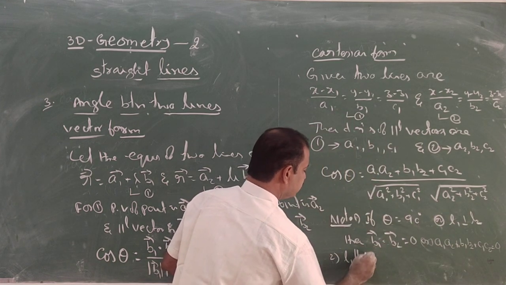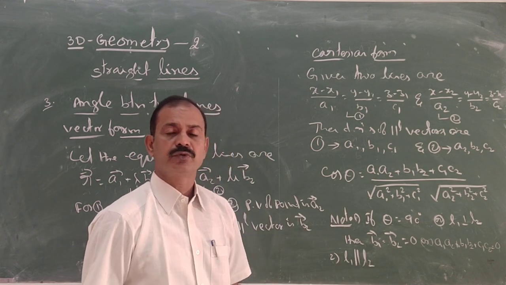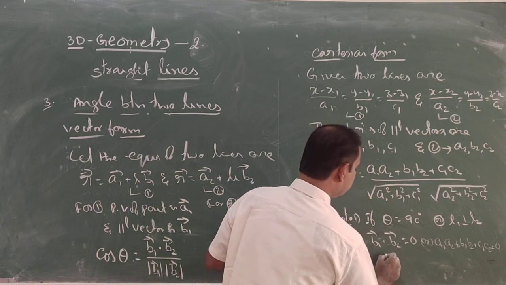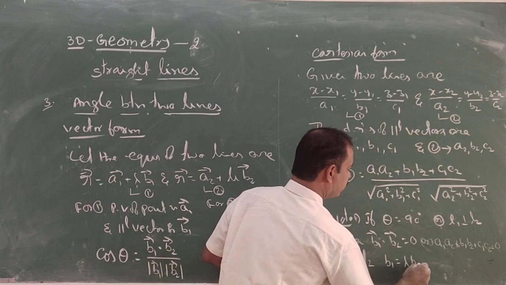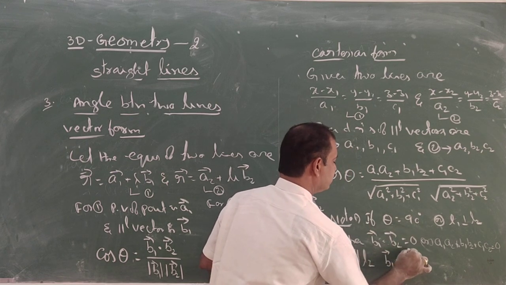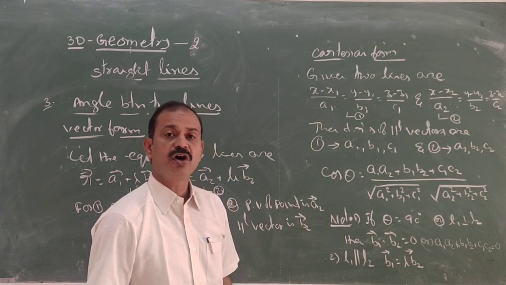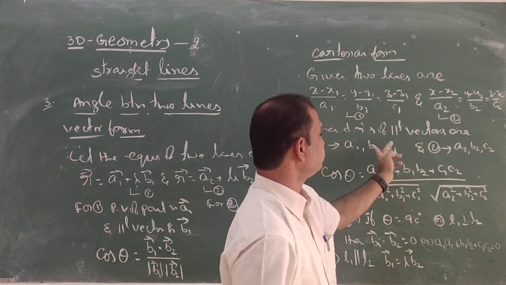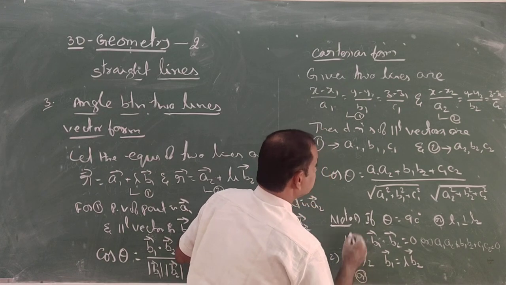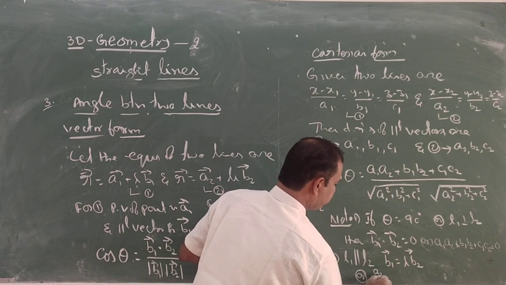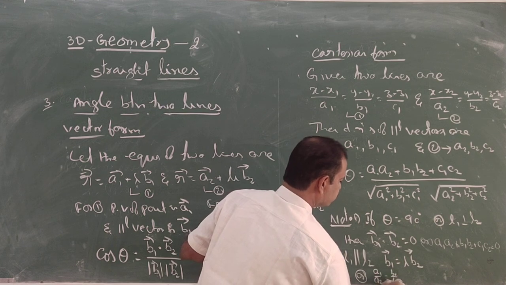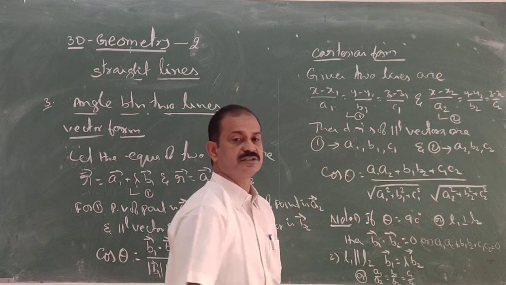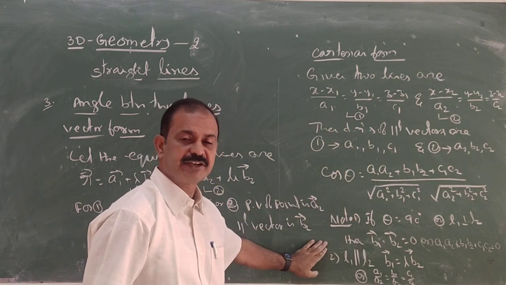Next, if L1 is parallel to L2, you can write vector b1 is equal to lambda times b2, or the ratio of these two direction ratios, a1 by a2 is equal to b1 by b2 is equal to c1 by c2. This also we have seen in vectors only.